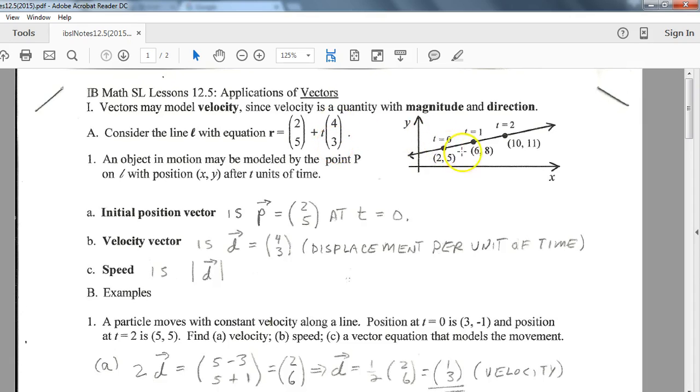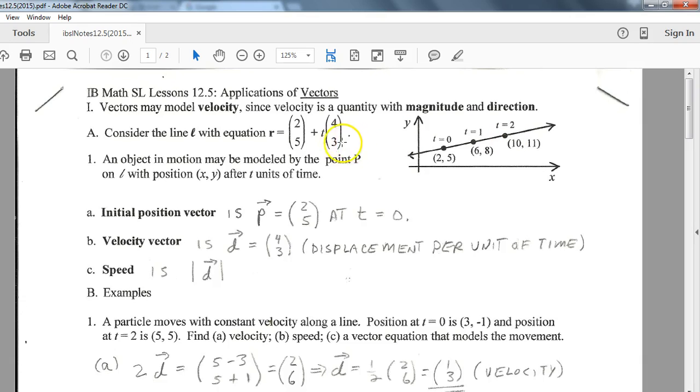So if I go right 4 and up 3 one time, that's my new position after t is 1, or after 1 second, or 1 unit of time, whatever that represents. If I had another unit of time, again I would go right 4 and up 3, and that would be my new position after another unit of time.